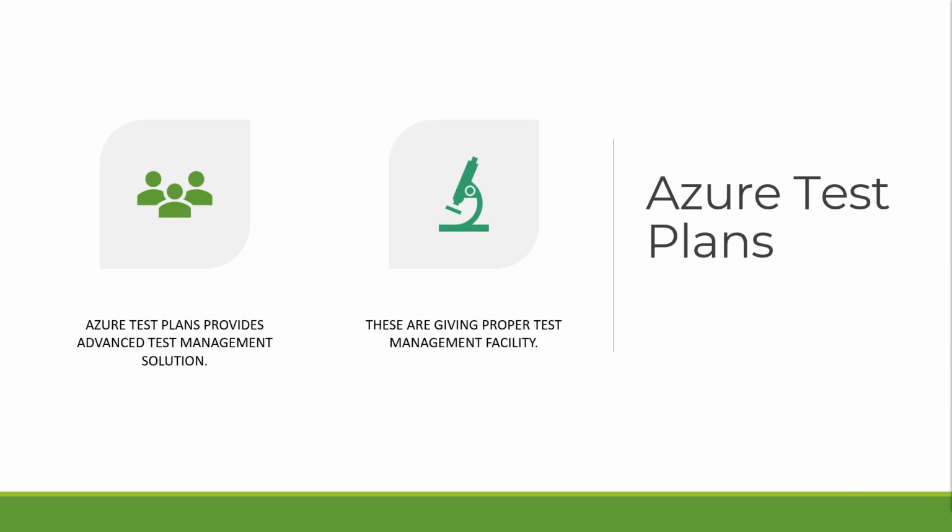So the Azure Test Plans are giving us proper test management facilities for things like UAT and exploratory testing. And it happens in various steps. It allows us to capture everything that we find.